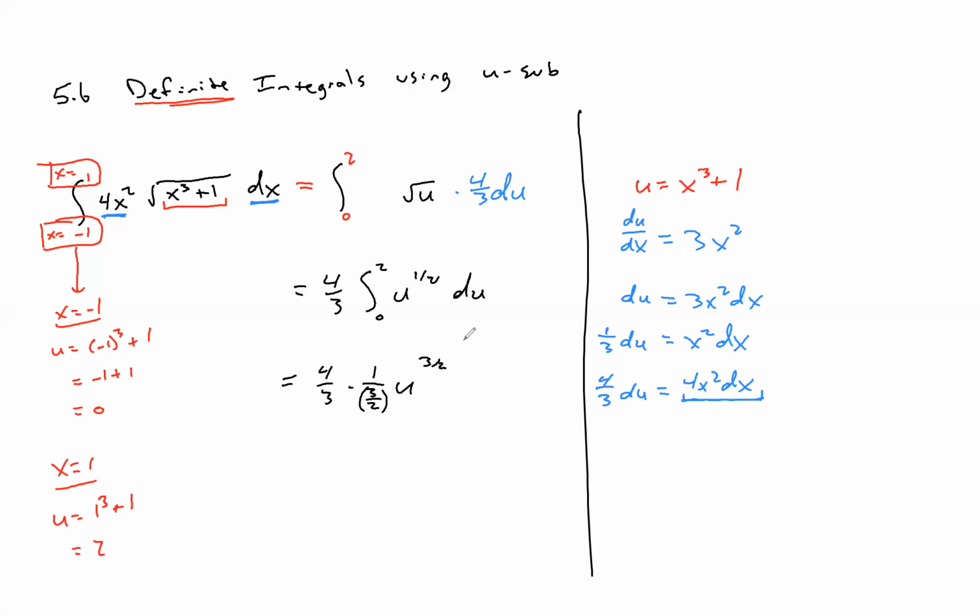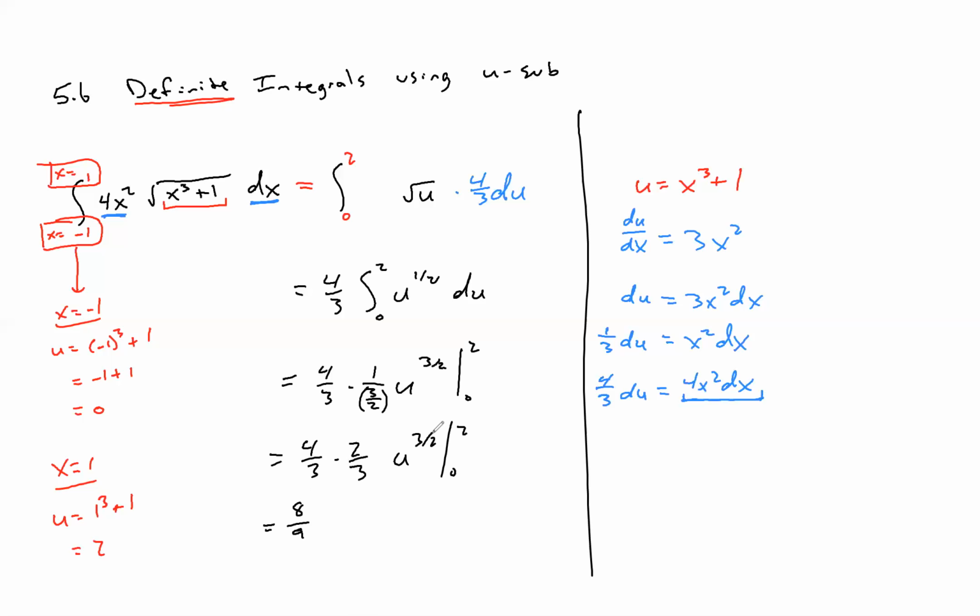All right, and we're going to evaluate this from 0 to 2. Now 1 divided by 3/2 is just 2/3. So let's clean that up a little bit. This is 4/3 times 2/3 times u to the 3/2 evaluated from 0 to 2. Let's clean this up a little bit more. 4/3 times 2/3 is 8/9.